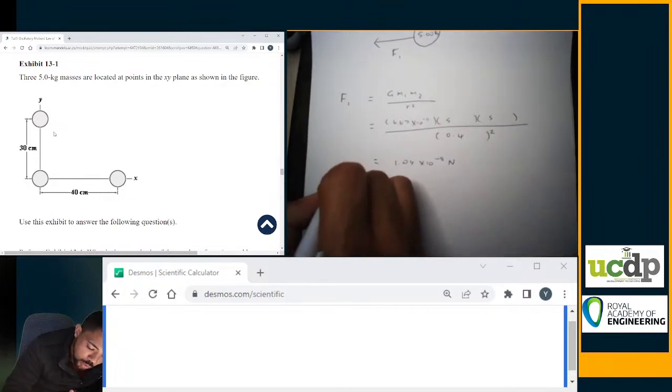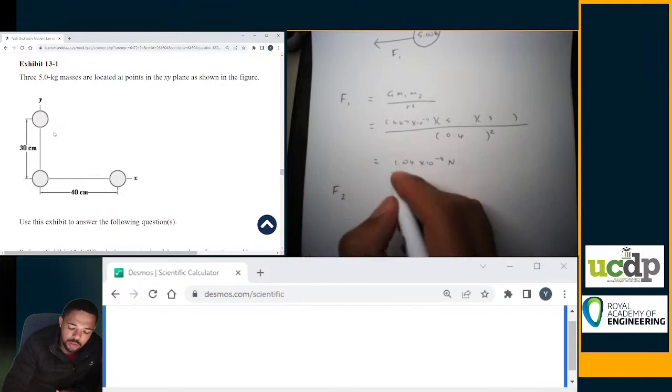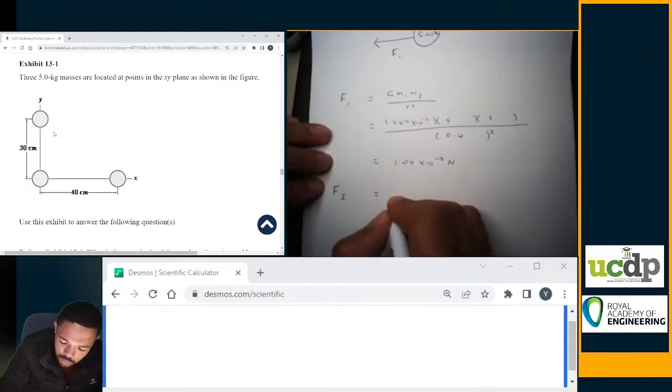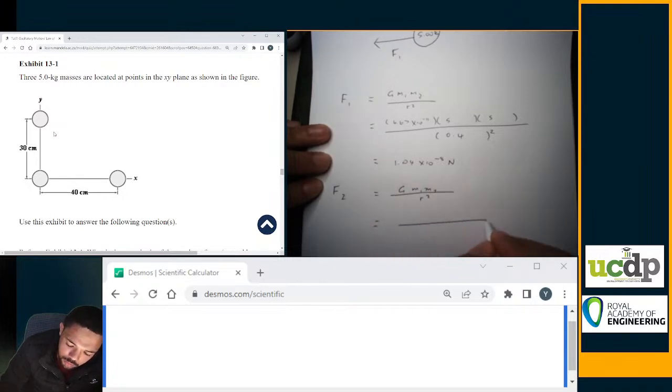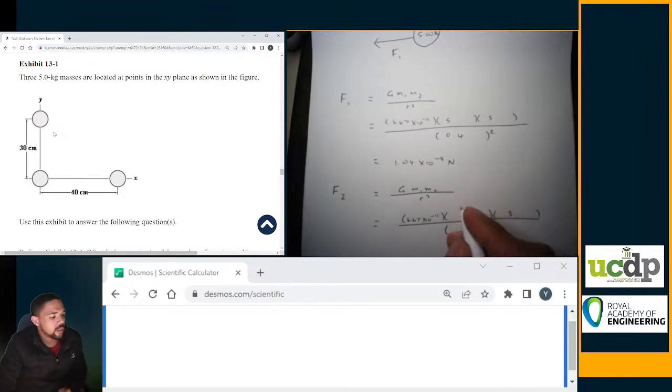Okay. F2, on the other hand, is a distance. The distance between those can also be calculated as G M1 M2 over R squared. Now G in this case is 6.67 times 10 to the negative 11 multiplied by 5 kilogram and 5 kilogram divided by the distance between those two.